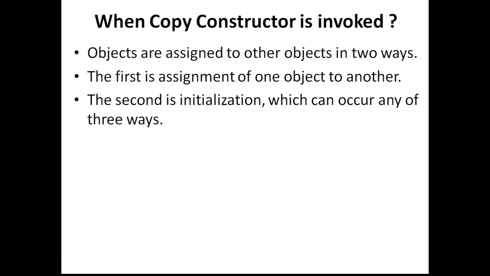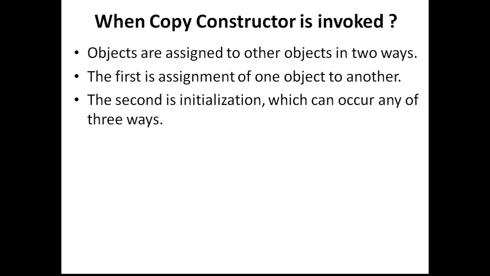And one more point to be carefully understood is that the copy constructor is invoked only when we try to initialize one object with another object. Whenever objects are assigned to other objects, it can happen in two ways. We have already explored the two ways.